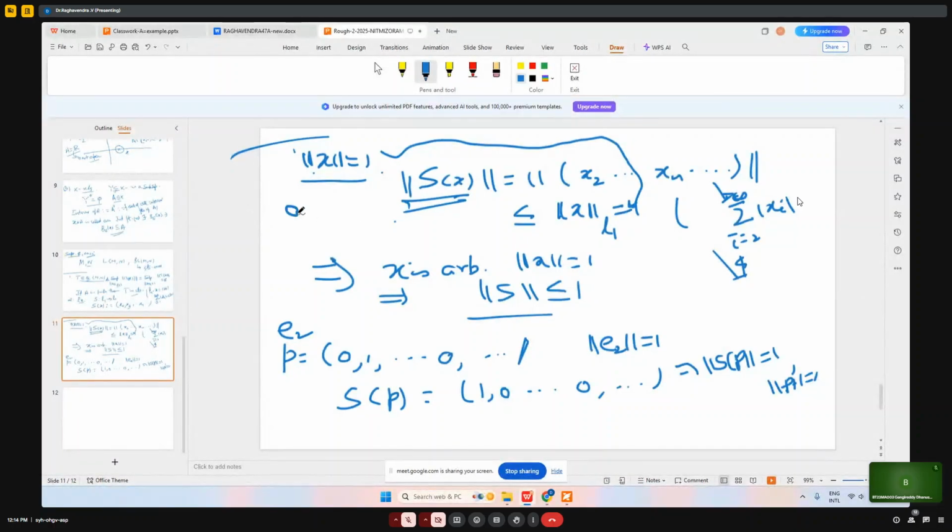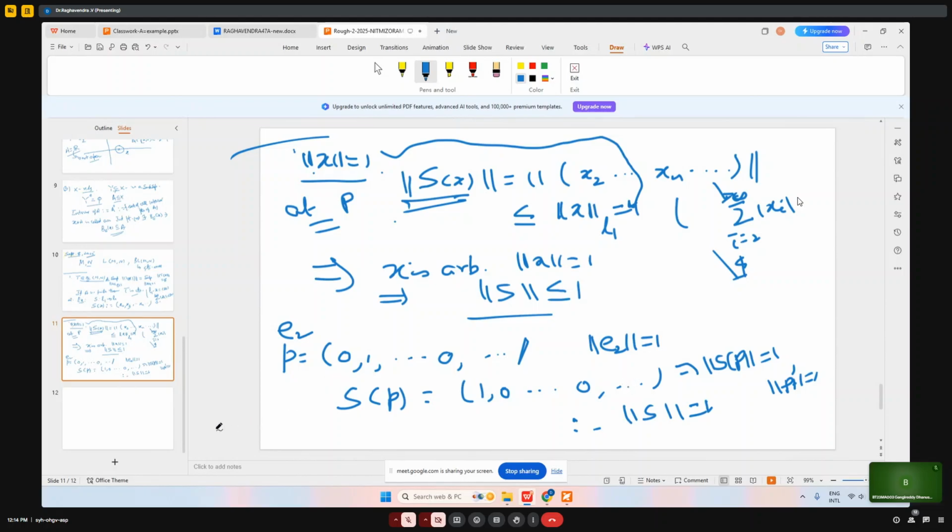It is attained at p. Therefore norm of S is 1. It cannot be bigger than 1, but the supremum is attained at a point. Therefore norm of S is 1. Is it clear?